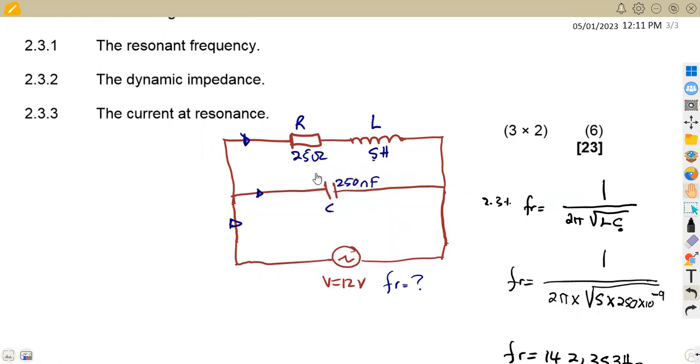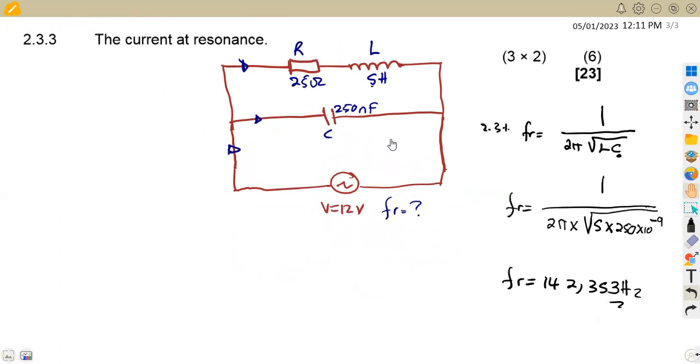Then the dynamic impedance, which is ZD. Also, we can have this given from our formula sheet. That's an advantage, because it's an application of what you're already given. Remember that our dynamic impedance is given as L/RC, whereby we have everything in this case.